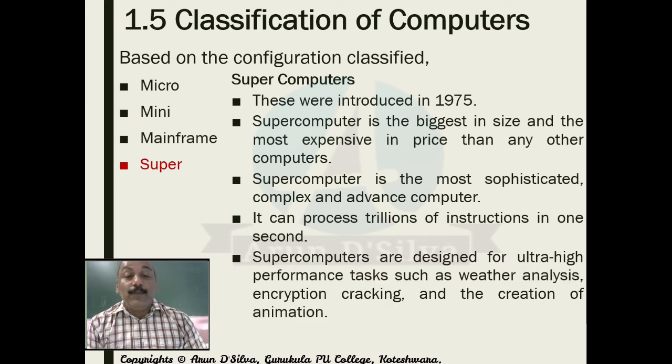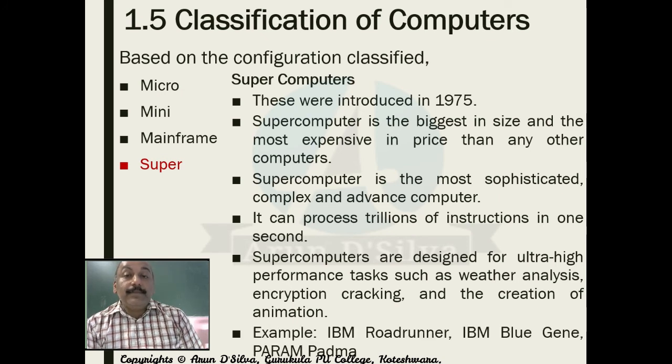Supercomputers are designed for ultra high performance tasks such as weather analysis, encryption cracking, and the creation of animation, etc. Examples are IBM Roadrunner, IBM Blue Gene, Param Padma, which is Indian make.